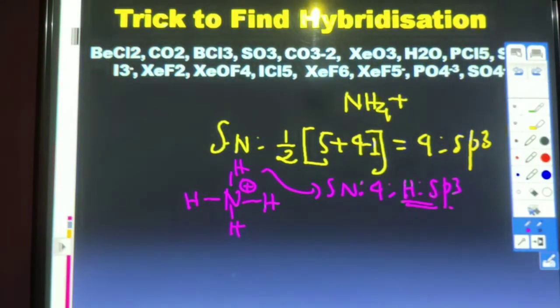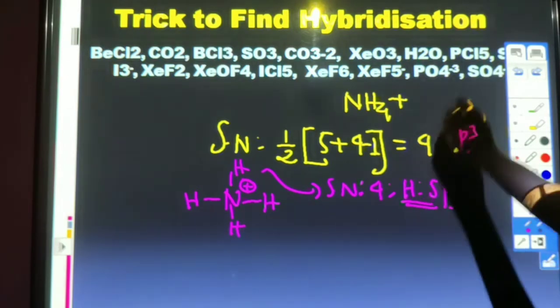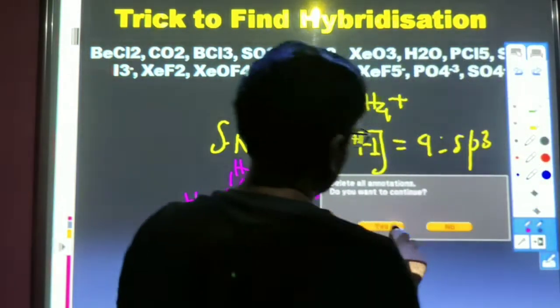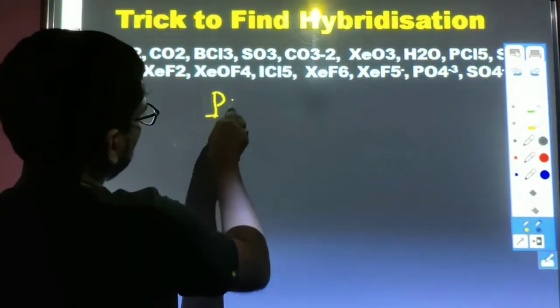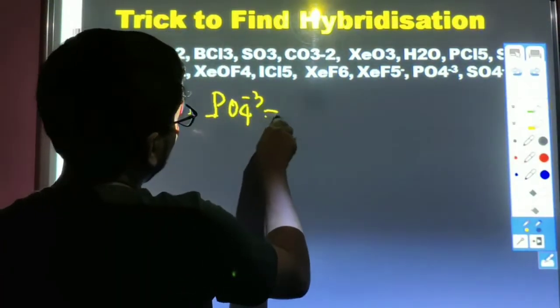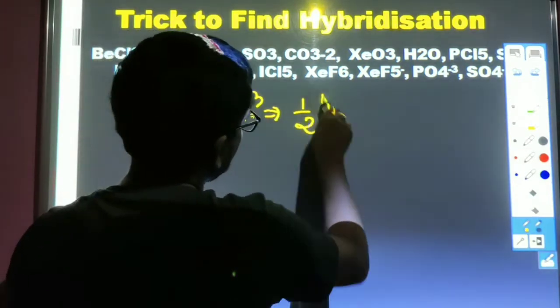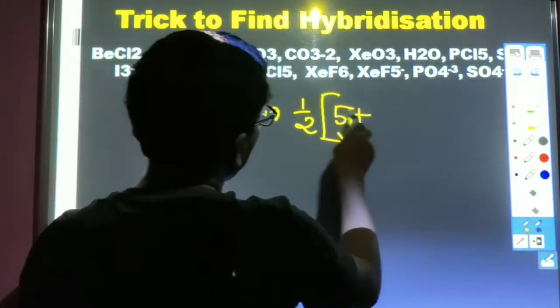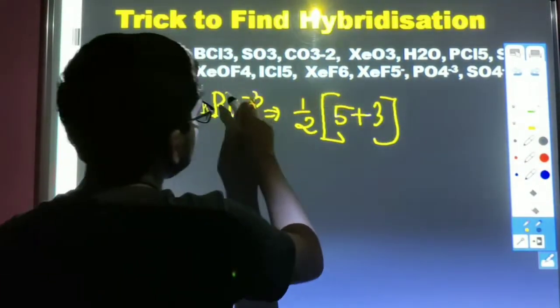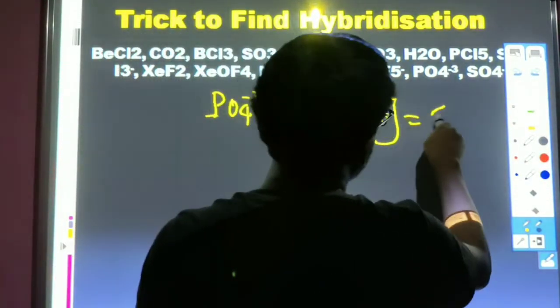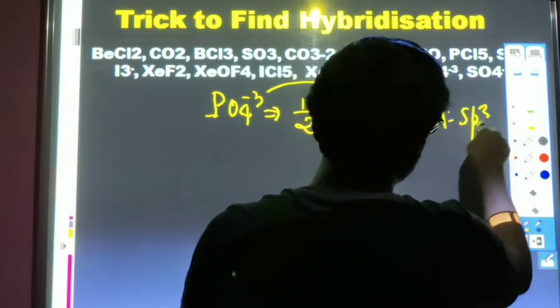Now if you want to do the hybridization for PO4 minus 3, how will you do it? Half of phosphorus valence electron 5. We won't include oxygen because it is bivalent. So 5 plus 3, this is the charge for the anion. So 4, and hybridization will be sp3.